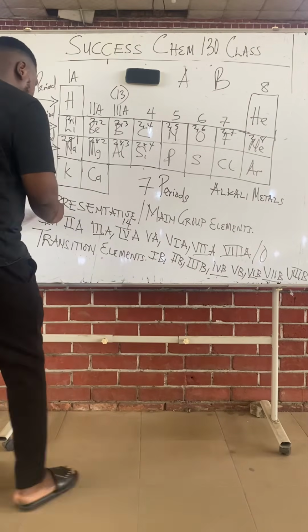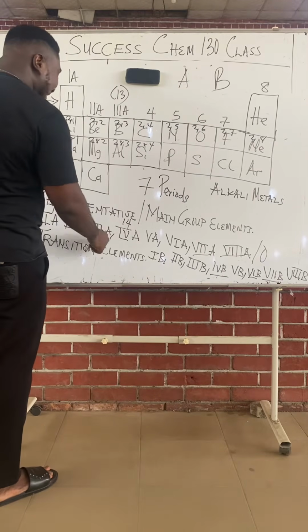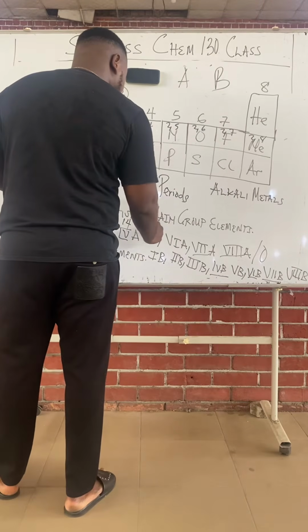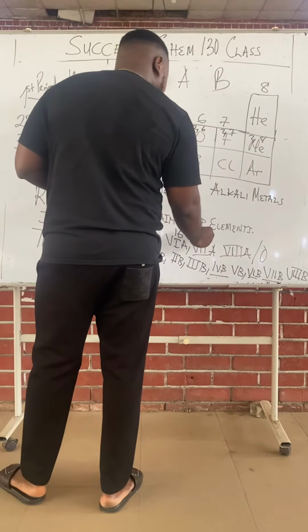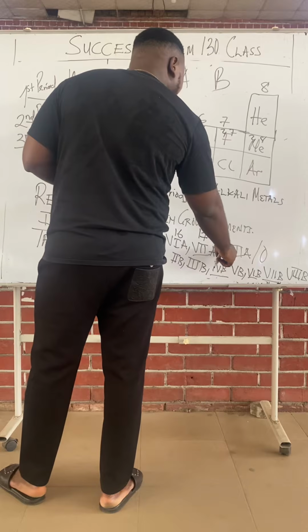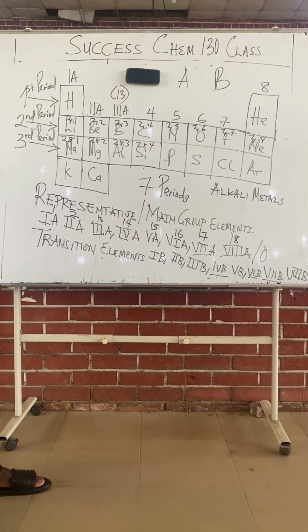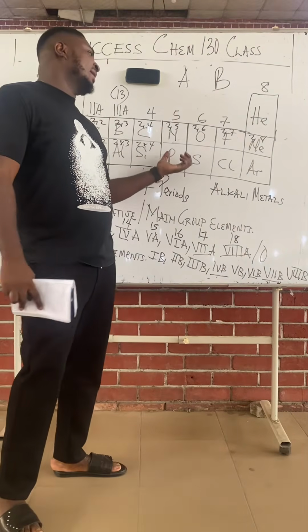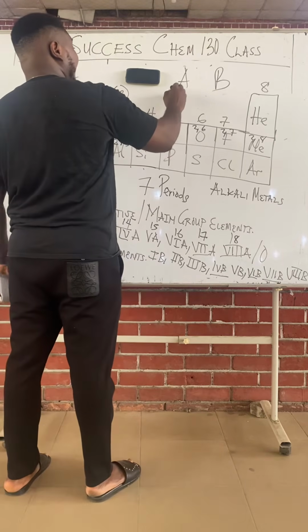So this is group 1, this group 2, IIIA is group 13, IVA group 14, VA group 15, VIA group 16, VIIA group 17, and VIIIA group 18. This is the boron family, this the carbon family, this the nitrogen family.